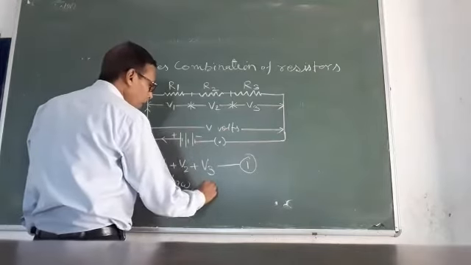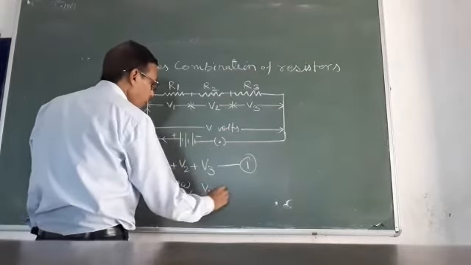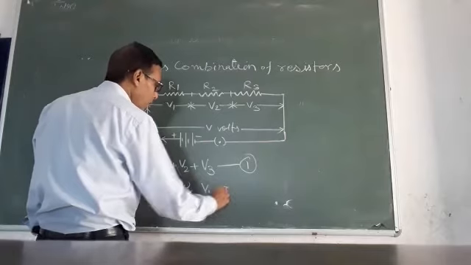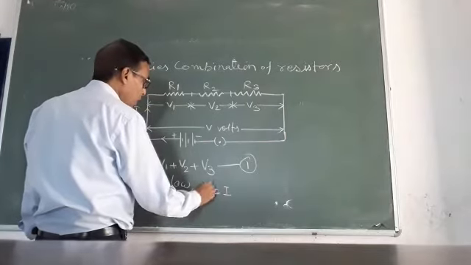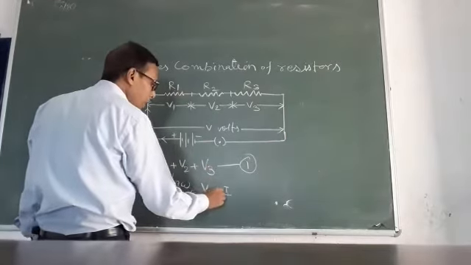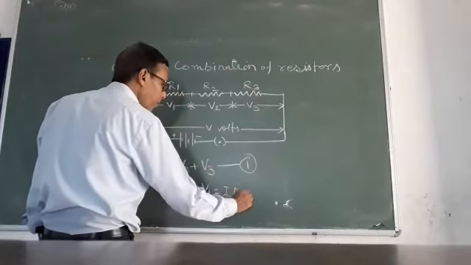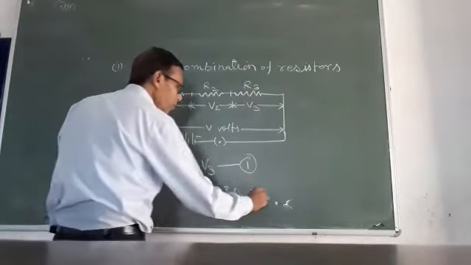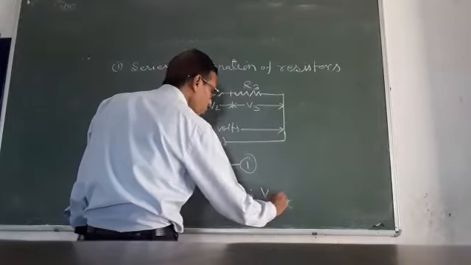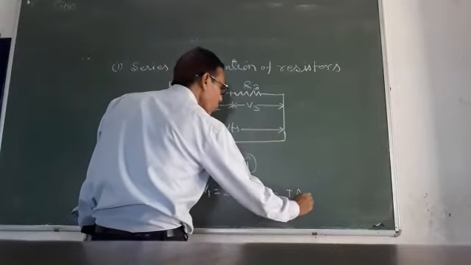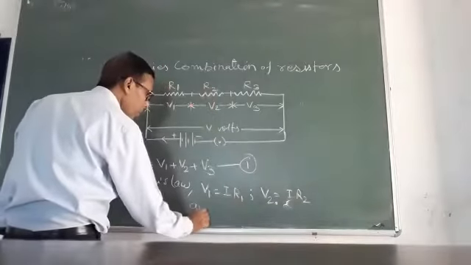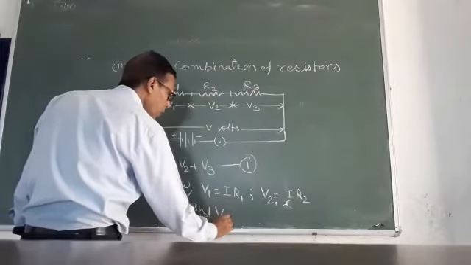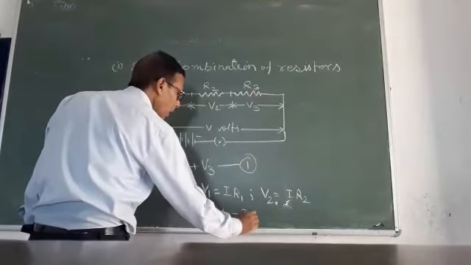So V1 is equal to I R1, as the current is constant. So the potential difference across R1 is V1 equal to I R1. Similarly, V2 is equal to I R2 and V3 is equal to I R3.